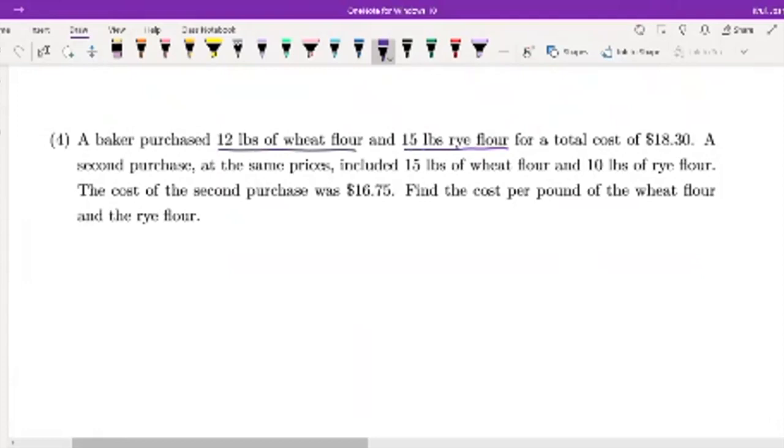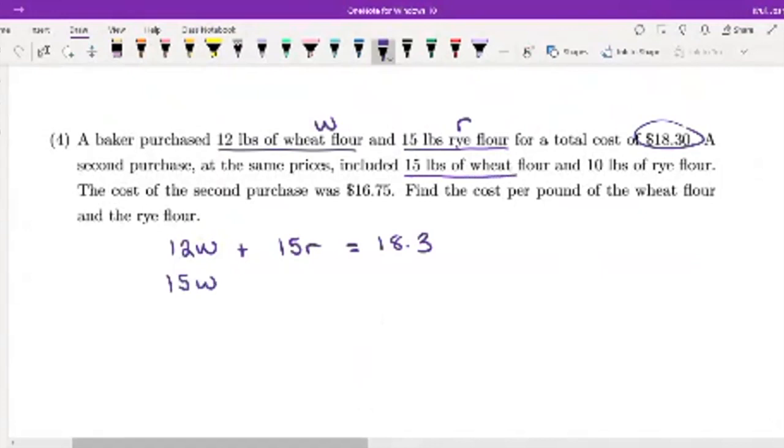So we don't know how much each of them costs, but we do know that there's the 12 pounds of wheat flour, which we'll call W, and the 15 pounds of rye flour, which we'll call R. When they bought them, it made a total of $18.30. A second purchase at the same prices included 15 pounds of wheat and 10 pounds of rye. So that was $16.75.